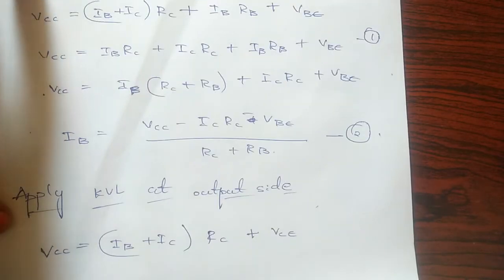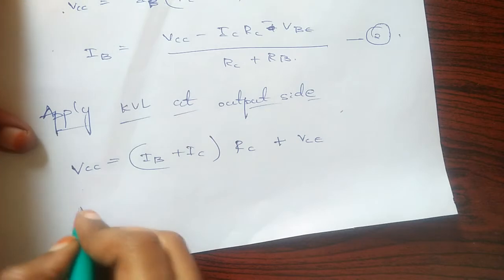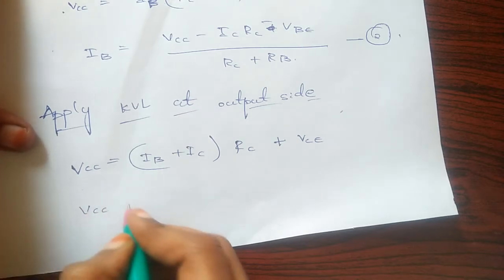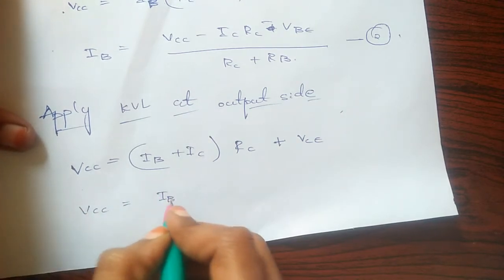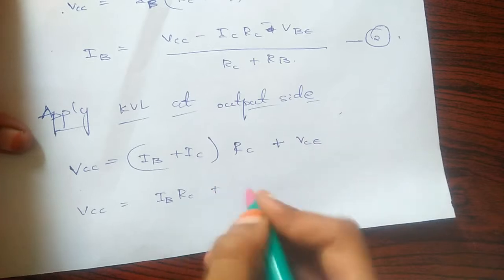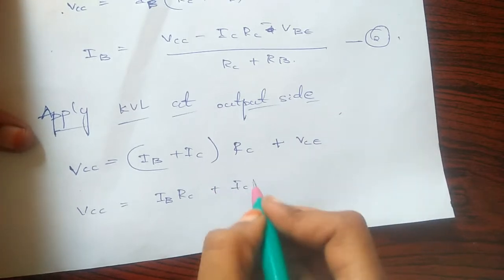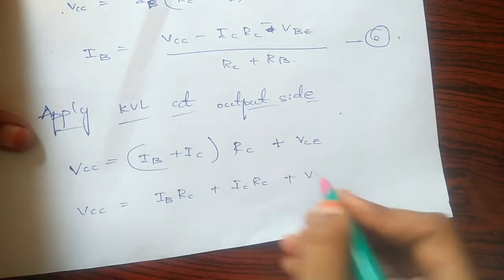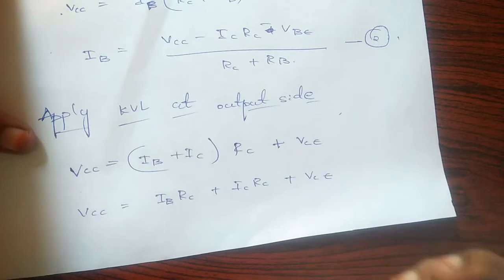Let's simplify: VCC is equal to IB RC plus IC RC plus VCE.